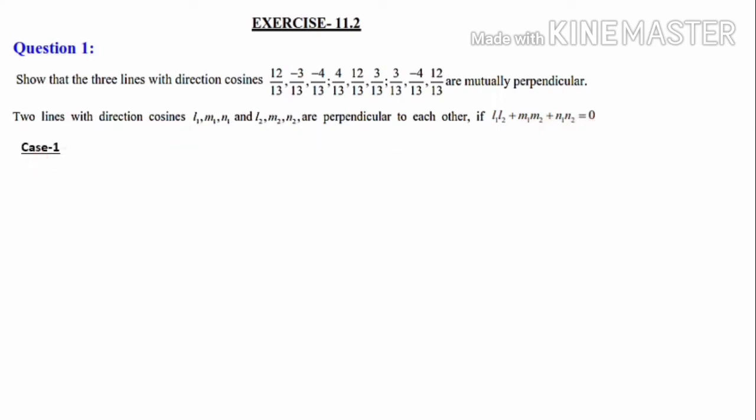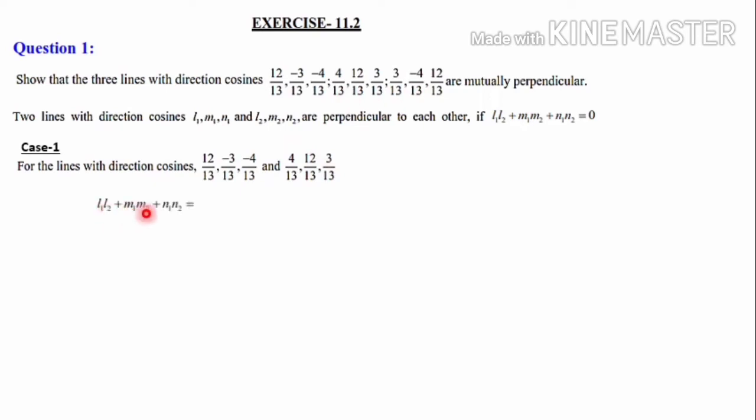We can take only two lines at a time, so first we take the first two lines, with direction cosines 12 by 13, minus 3 by 13, minus 4 by 13, and 4 by 13, 12 by 13, 3 by 13. That is the second line. l1 l2, m1 m2, n1 n2 we can take: 12 by 13 into 4 by 13 plus minus 3 by 13 into 12 by 13 plus minus 4 by 13 into 3 by 13.